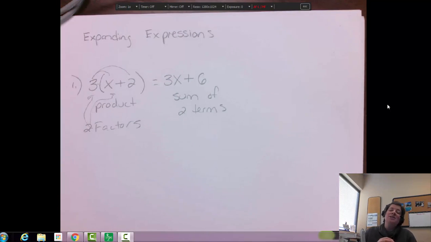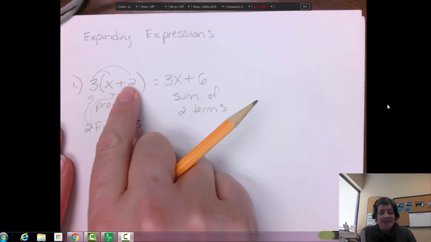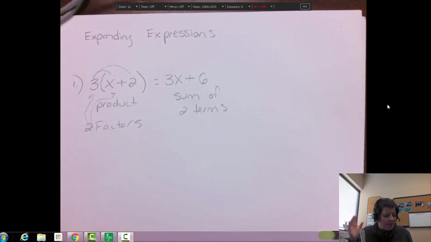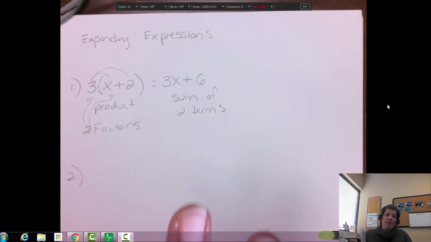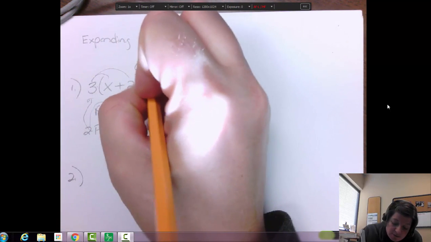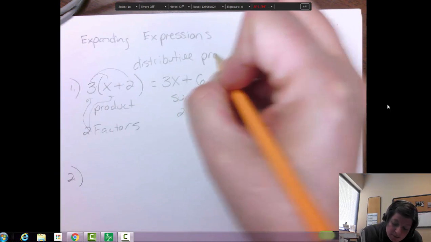So really we're just going to multiply whatever's outside by everything inside to expand my expression. Remember, an expression is just a term for something that doesn't necessarily have an equal sign in it. So this is also called the distributive property.